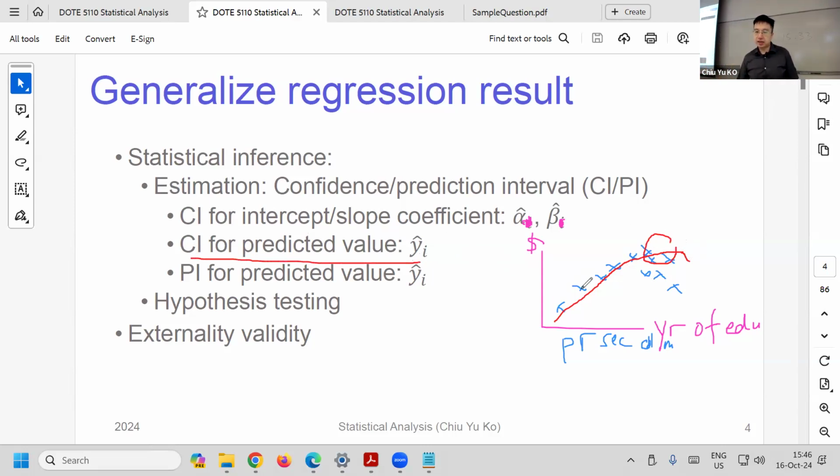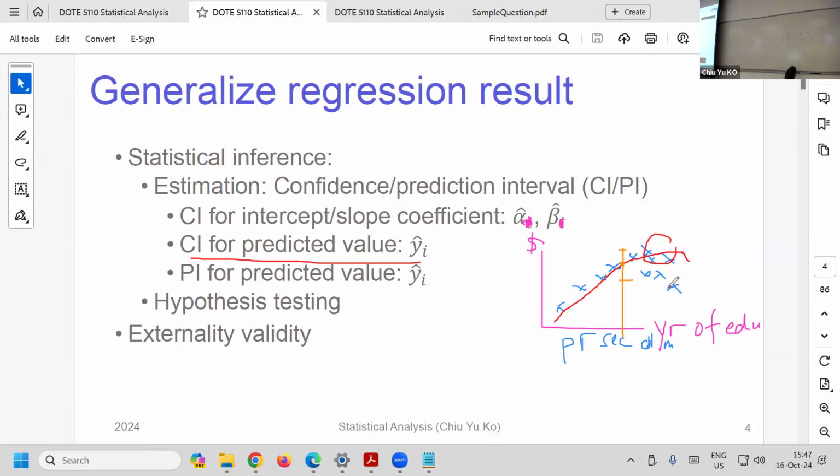Suppose I tell you a particular education level, and you want to tell me what his return is. But you also want to tell me how good this estimate is, so you give me a confidence level. You don't give me one point, but a range of points. That is the CI there.